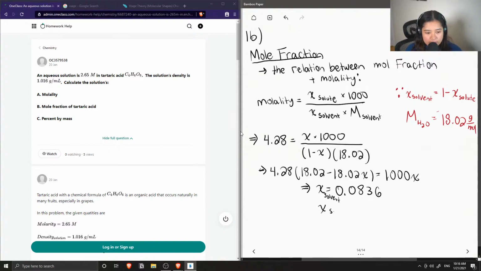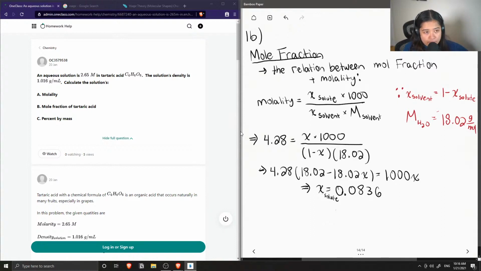So x solute, oh wait, this is actually the mole fraction of tartaric acid, sorry. Okay, so our final answer is just 0.0836.